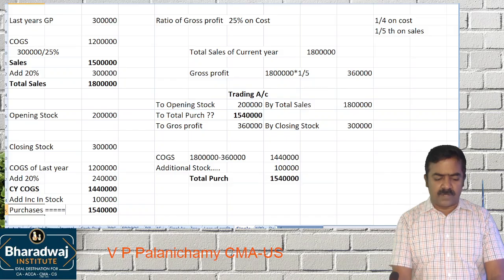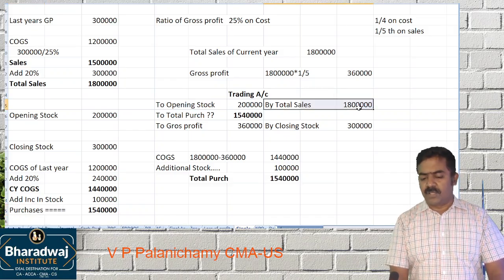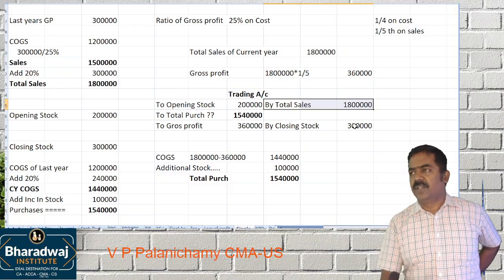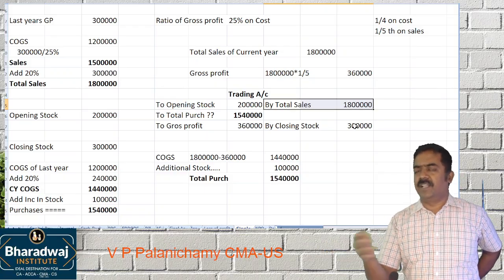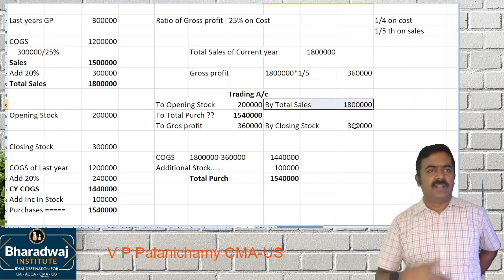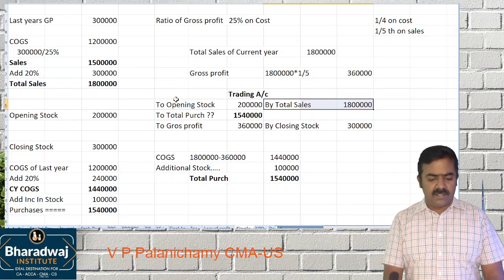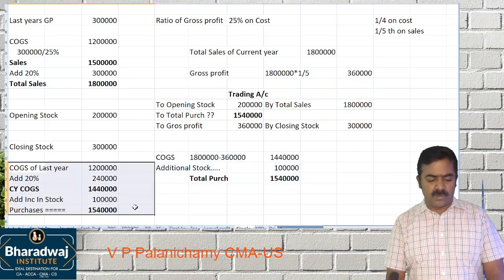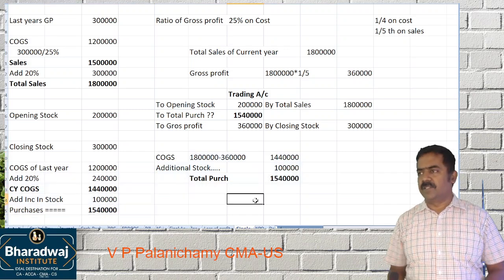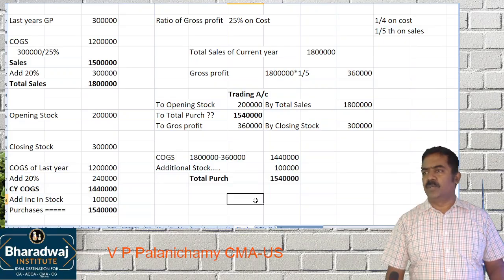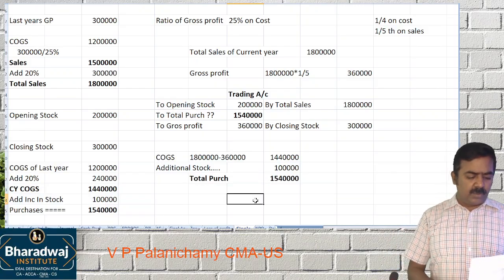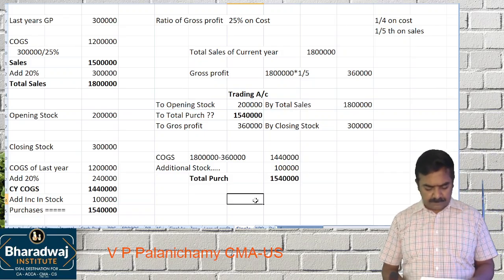Please remember, is this your total sales or cash sales? Total sales. From this, you have to eliminate cash sales to get credit sales. This is the trading account method or a logical method you can use. Any other method you can do in the exam. If you look at the question, I hope they would have solved by one method, but we can do it under any method.